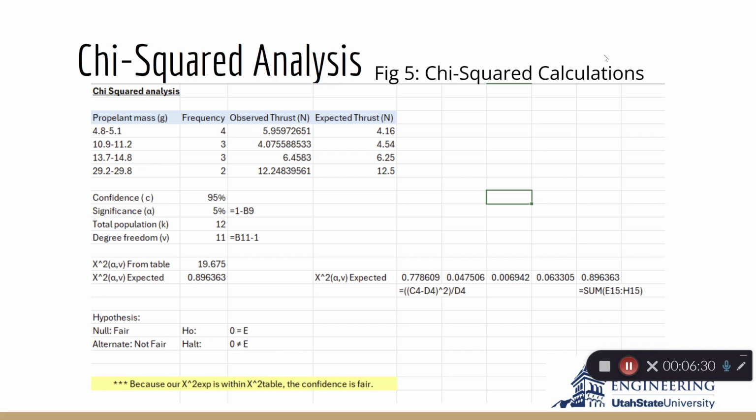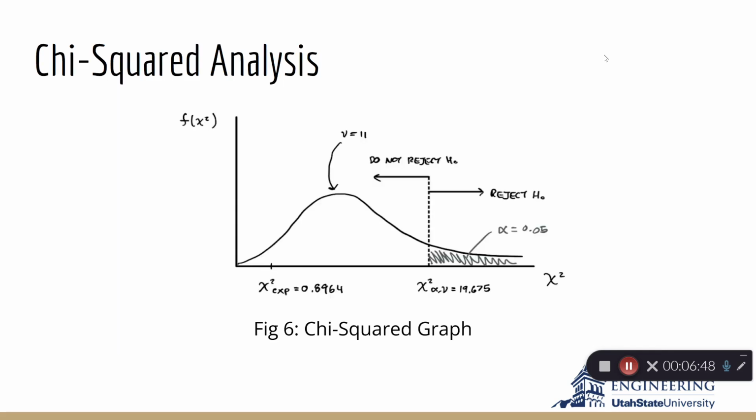This resulted in 19.675. The expected value was calculated to be 0.89636. As the expected chi-squared value falls within the interval range, we fail to reject the null hypothesis, and we conclude that our constant confidence interval is fair, as shown in Figure 6.